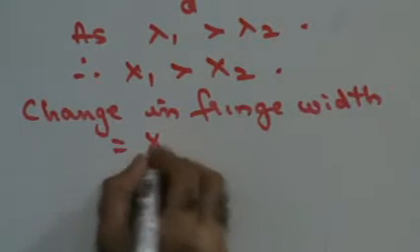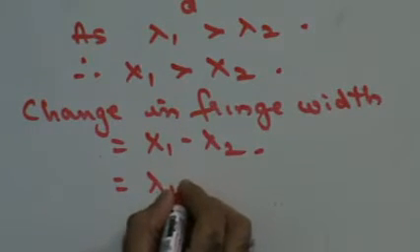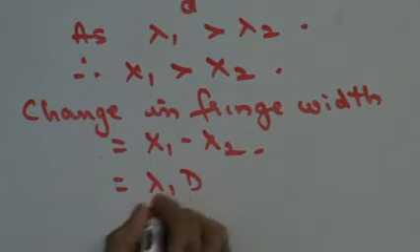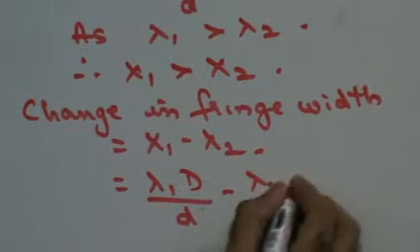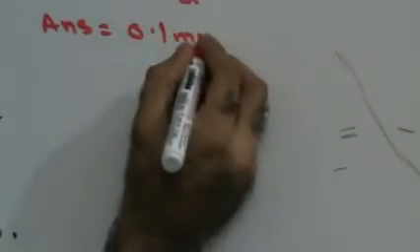Change in fringe width is going to be x1 minus x2. That is going to be lambda 1 D by d minus lambda 2 D by d. You have all the values. You should be able to calculate the change in fringe width. The answer for this sum should be 0.1 millimeters.